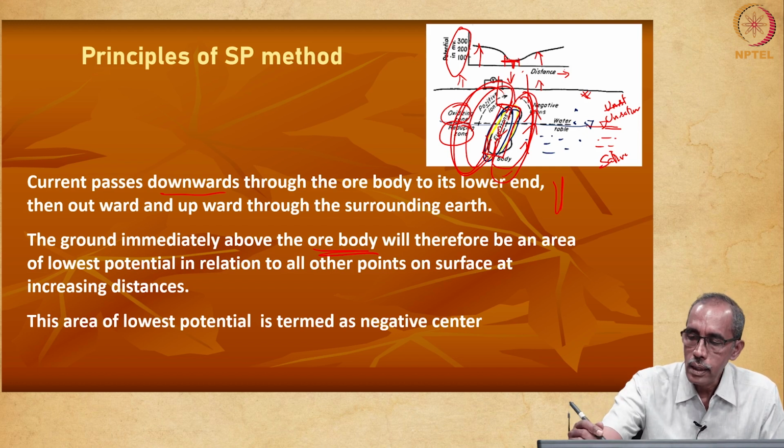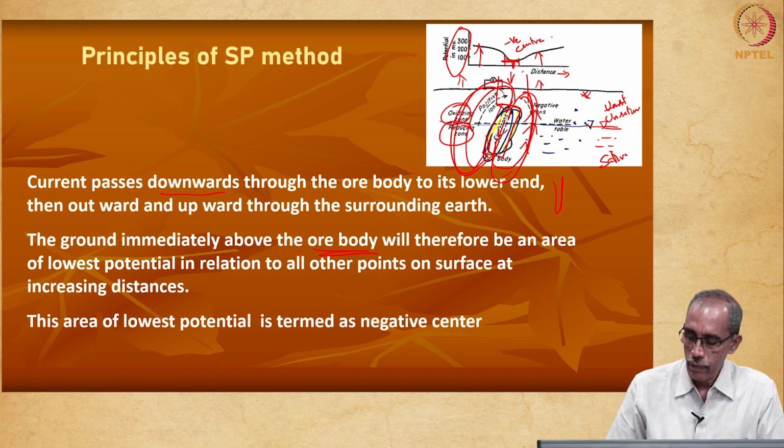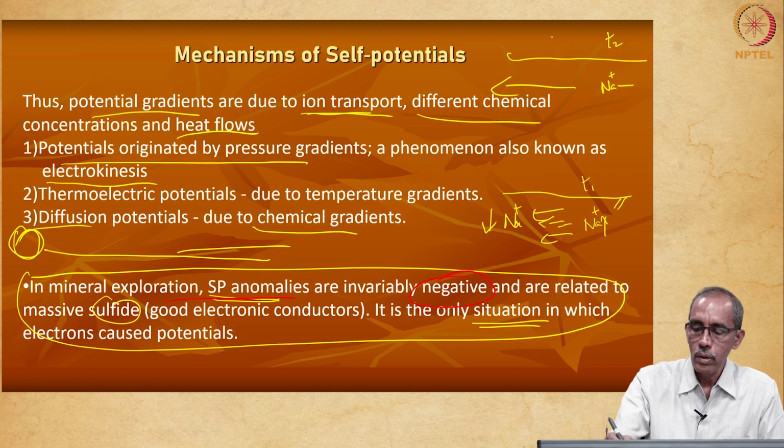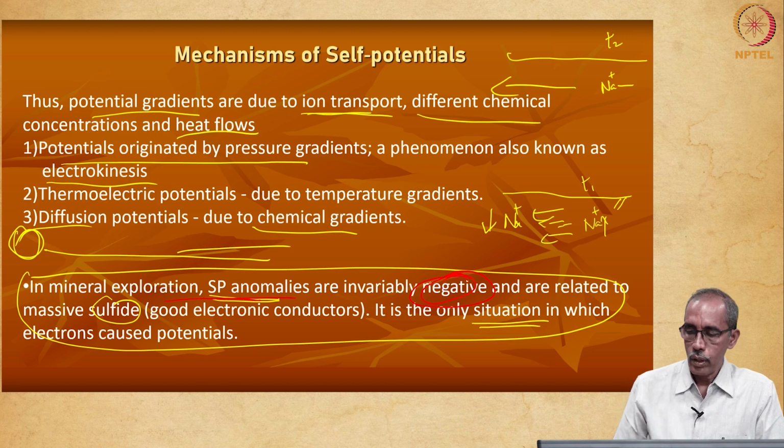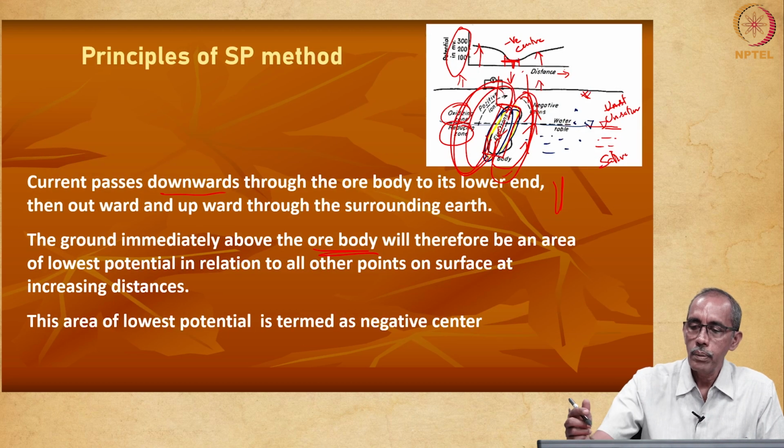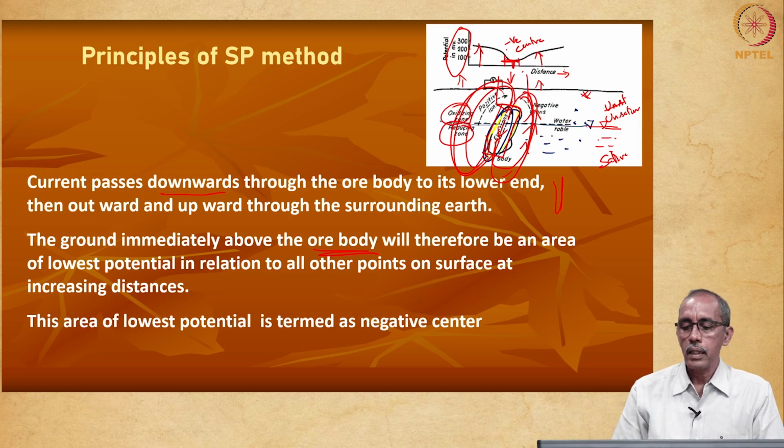The region having the lowest potential is normally written as negative center. We have seen the same in the previous slide. Invariably the cell potential will be negative. So above the mineral body you have the negative center.